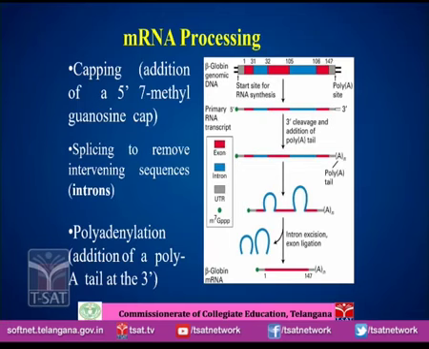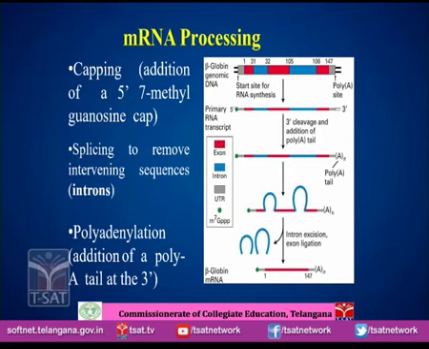If you see the beta globin genomic DNA, the RNA after synthesis by transcription is called the primary transcript or nascent RNA. In this nascent RNA, there are three modifications, as I discussed in the previous slide.